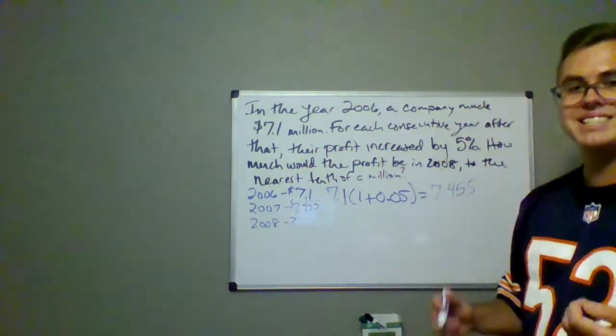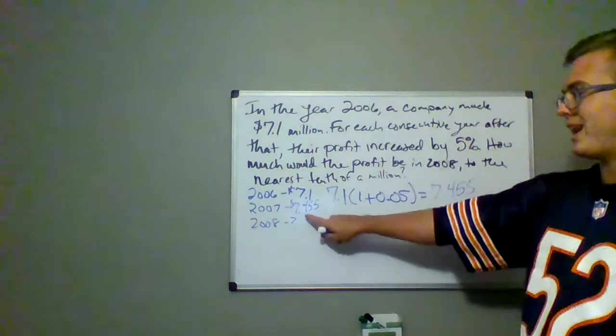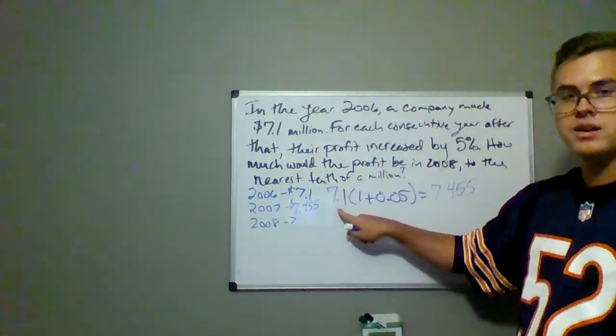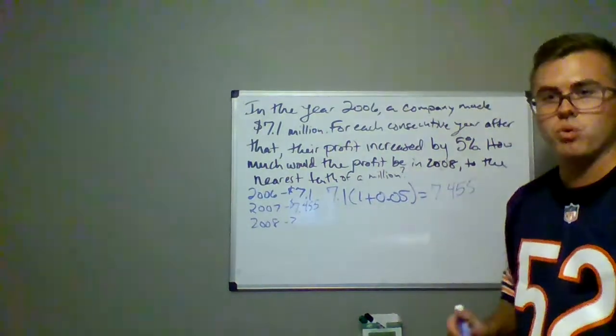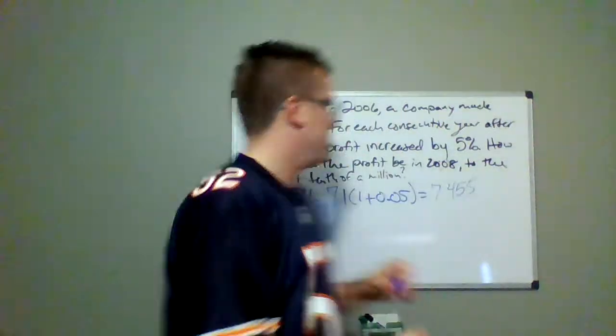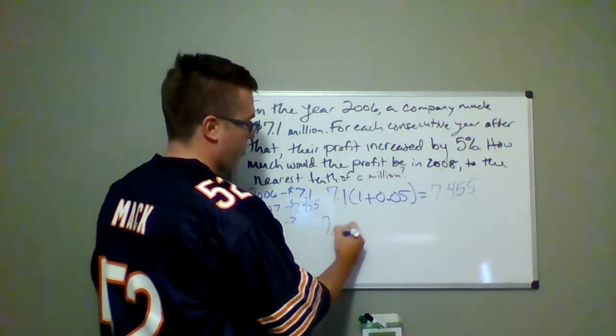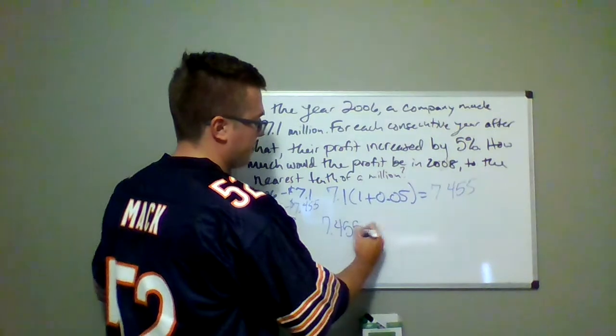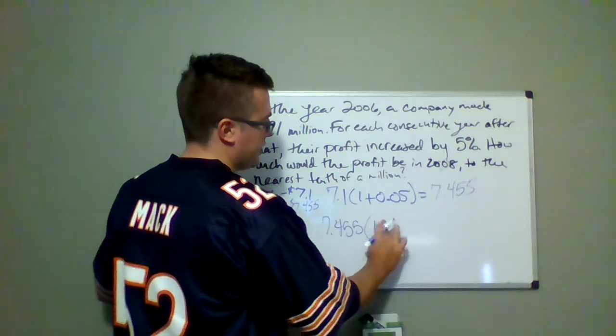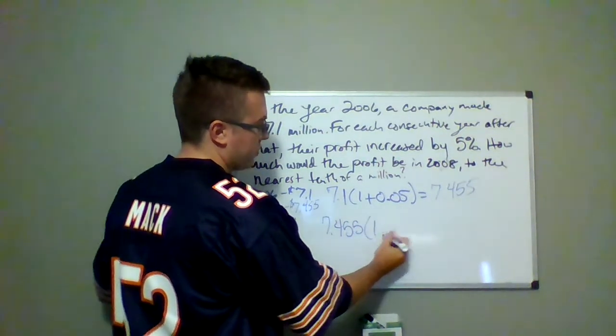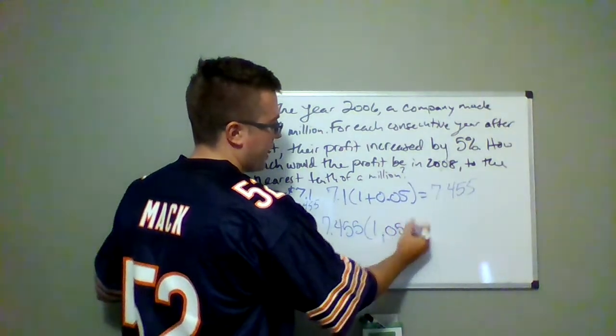And then we have to do the same thing again. But now instead of 7.1, we're going to use that 7.455. So I've got 7.455 times 1. I'm going to simplify this to just 1.05.